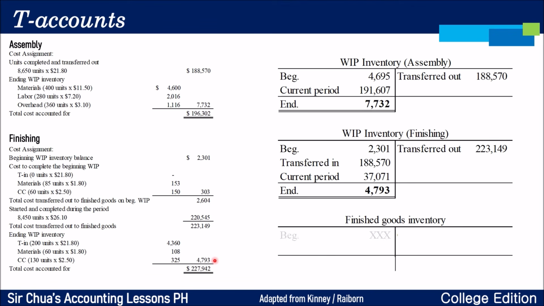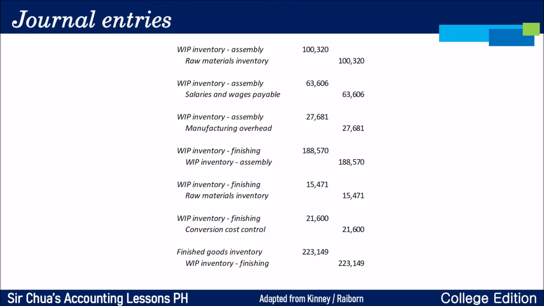Sa finished goods inventory naman po, kung ano yung beginning inventory, lagay mo lang po doon yung tapos na, which is 223,149. Ito po yan. 223,149 going here. Yan. And then, syempre, may mabibenta ka. Cost of goods sold po yun. So, kung ano man pong kalabasan dyan sa T-account na yan, yun yung ending balance po natin. Okay? And then these are the journal entries, but I will be leaving those journal entries po sa inyo.